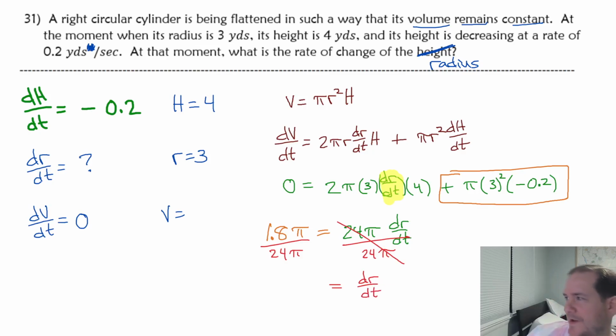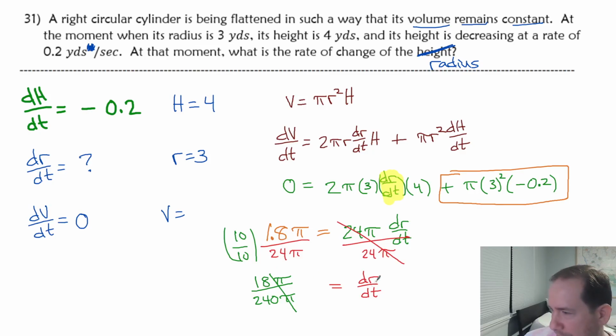And if you want to give me an answer that I don't hate, then you might consider multiplying the top and bottom here by 10, because that'll turn 1.8 into an 18, give you a nice whole number instead of a decimal. It'll turn the 24 into 240. And then, of course, these pi's will cancel. But you now have a nice answer that is a fraction instead of a decimal mixed into a fraction, because those are kind of forbidden.